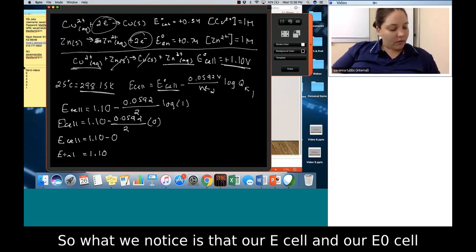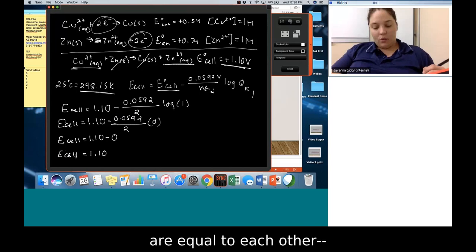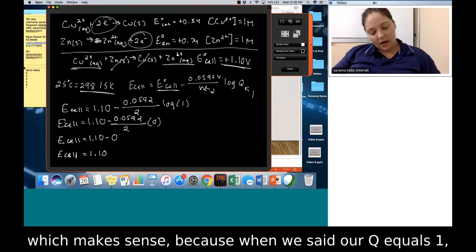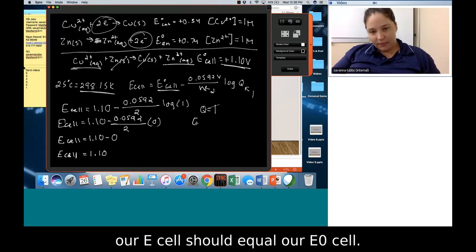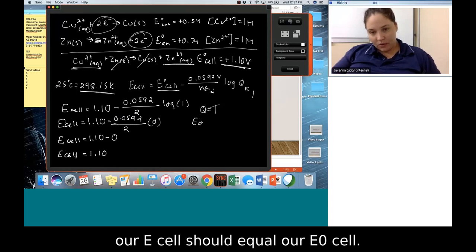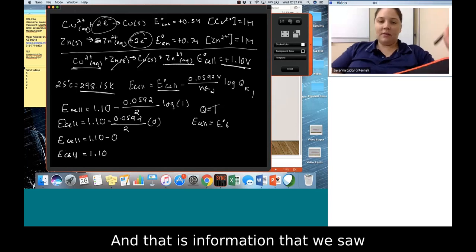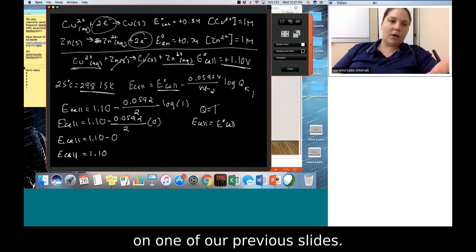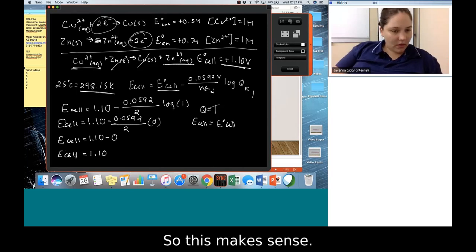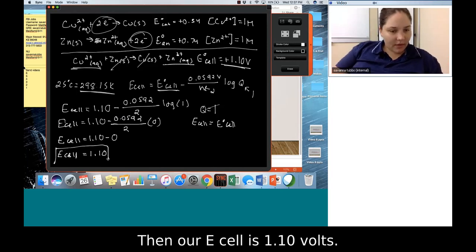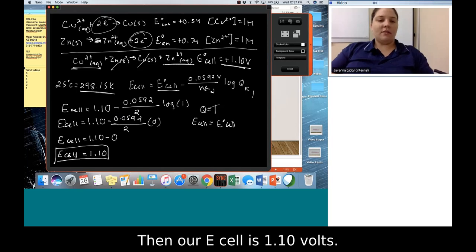What we notice is that our E cell and our E naught cell are equal to each other, which makes sense because when our Q equals 1, our E cell should equal our E naught cell. And that is information that we saw on one of our previous slides. So this makes sense that our E cell is 1.10 volts.